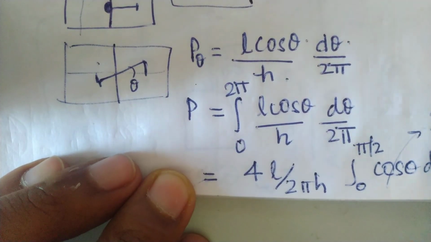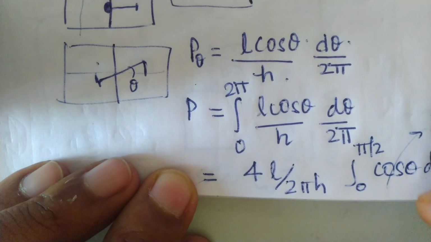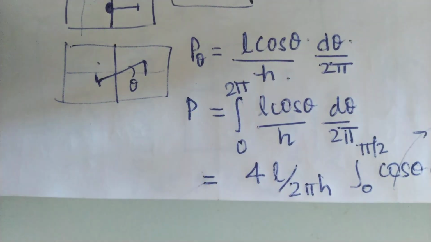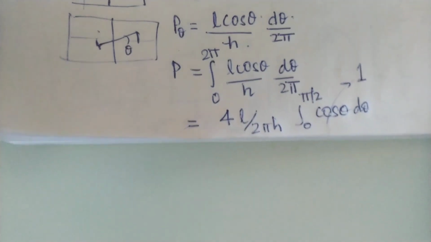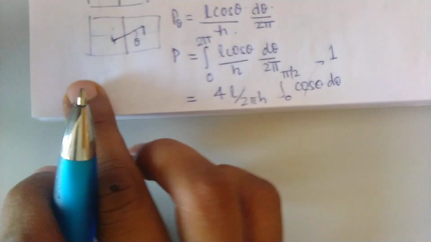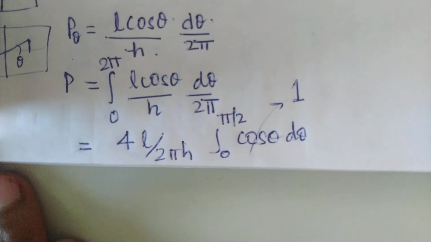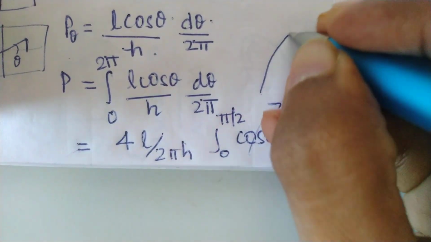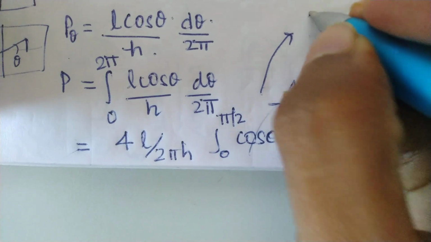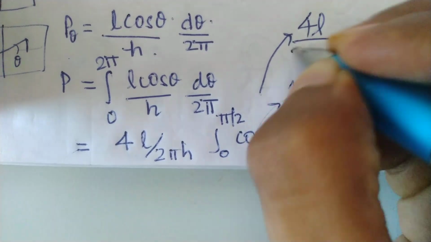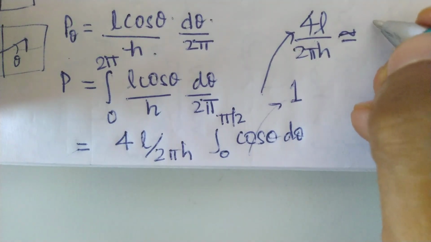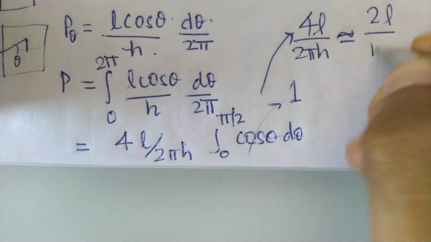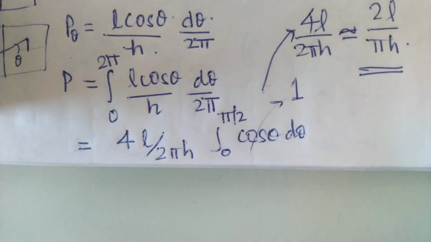This term is 1. So this term is 1, and what you are left with is just 4L by 2 pi h, which, if you simplify it, is 2L by pi h. So this is your probability.